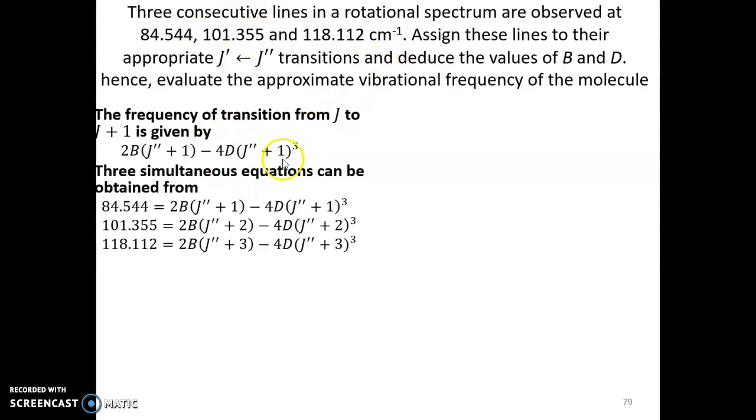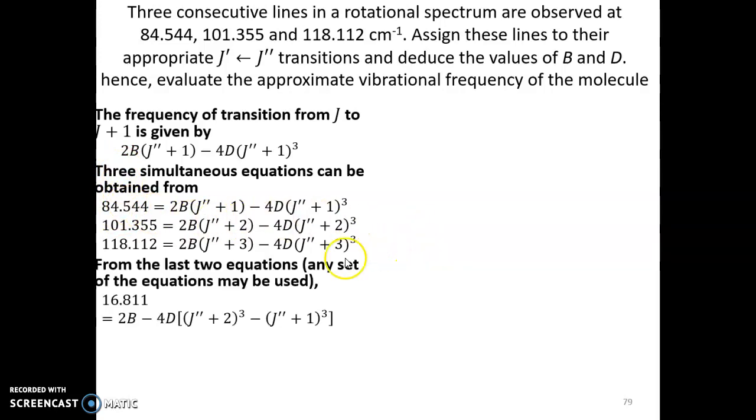From these 3, we can obtain 3 simultaneous equations. So 85.544 is equal to this. We don't know what each one is. So that's 2B(J''+1) minus 4D(J''+1)^3.